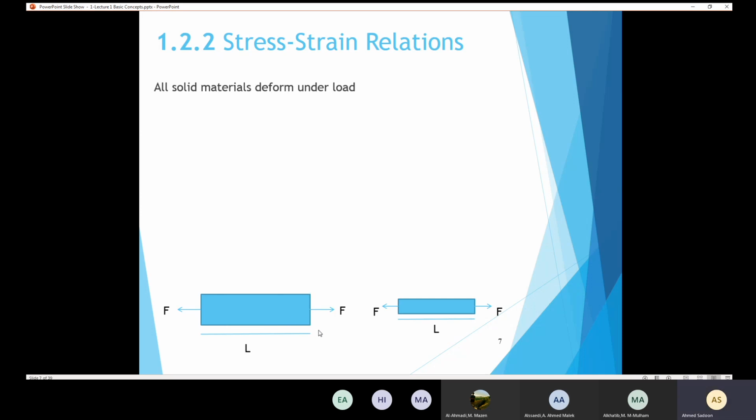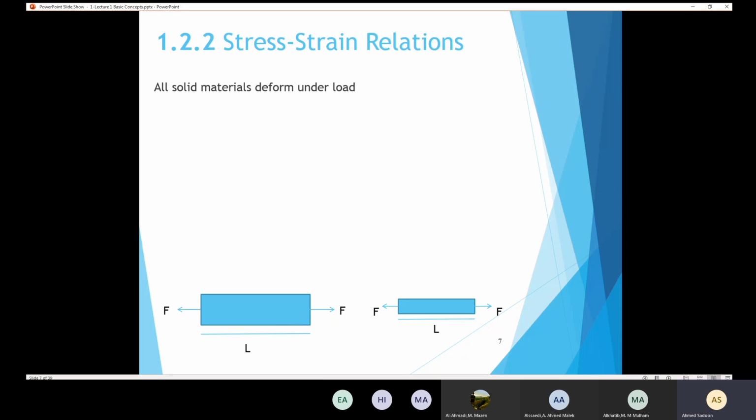As a result, I'm going to have delta L. So as a result of that force, I'm going to have deformation. All the materials that we have discussed, the steel, the concrete, when I apply a load, deformation is going to take place.